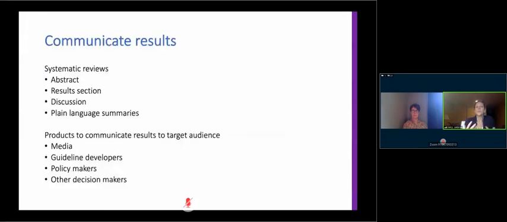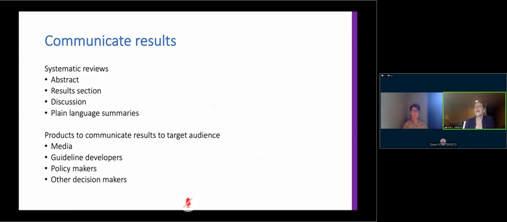We also know that in systematic reviews and in any summaries, we would like to communicate not just in a table the numbers and the certainty of evidence, but put it narratively when we're communicating results. So you could include it in your abstract, results section, discussion, or plain language summaries, any type of summary statement, and authors obviously are doing this.